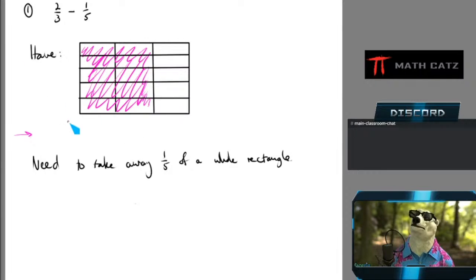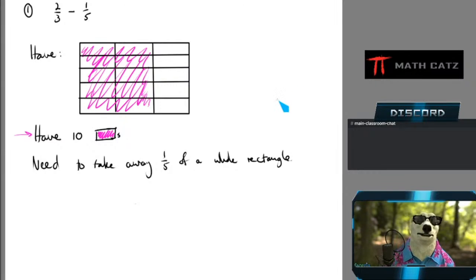So, looking at the pieces, let's just go. How much do I have? Well, I clearly have 2 columns of 5, so I have 10 pink pieces.